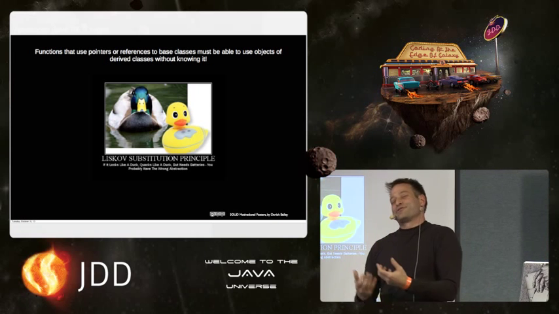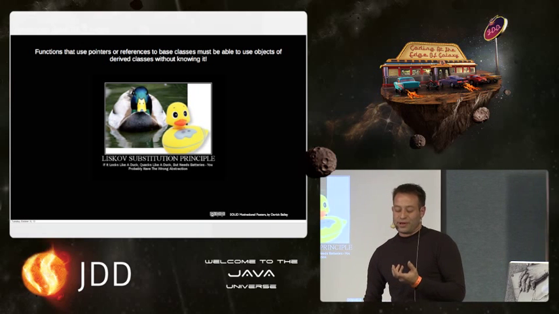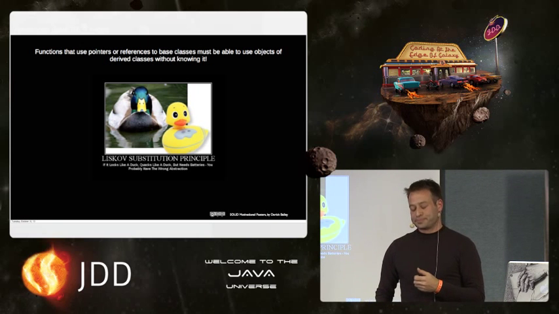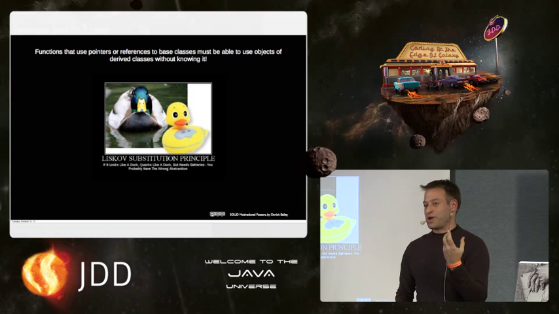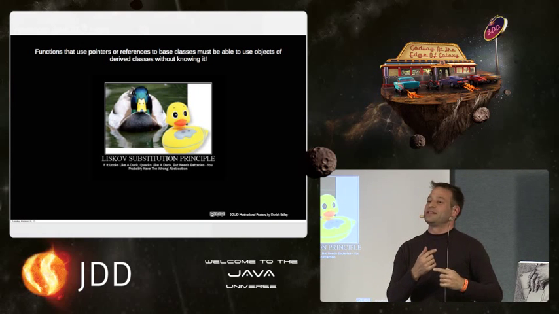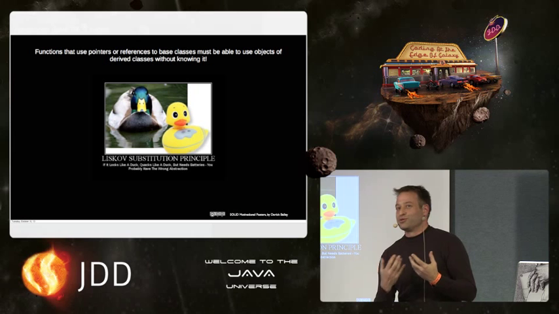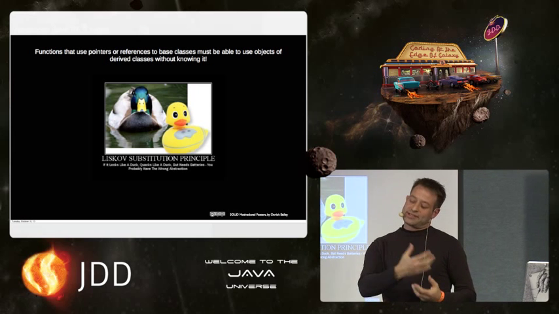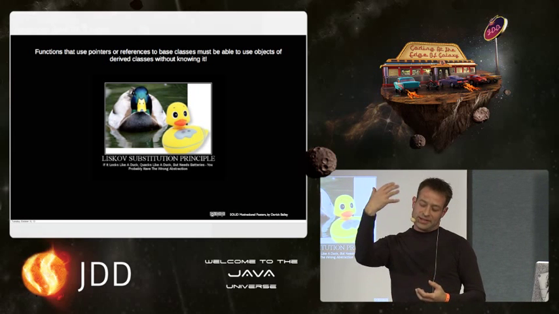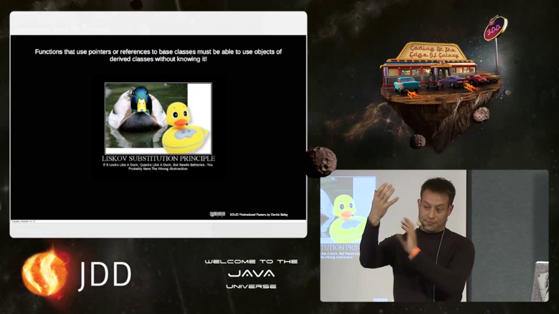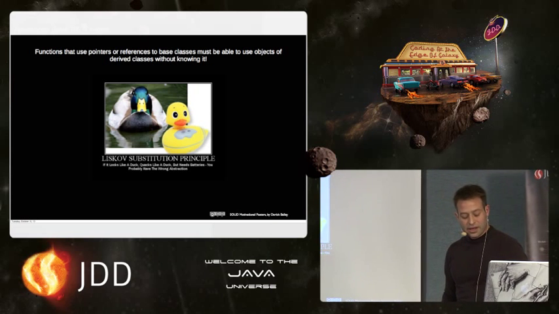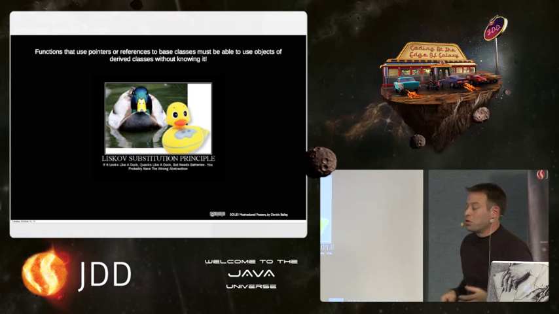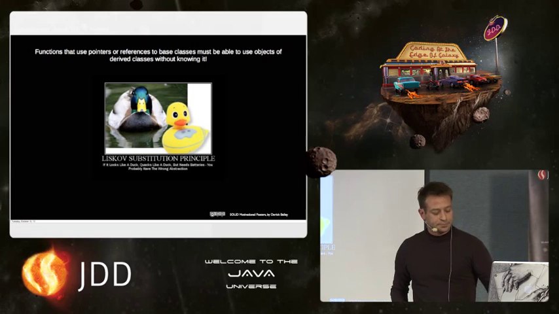If I have this square and I set the height, for example, then area is not behaving the same as in the rectangle, because in a square I also have to adjust the width. So you're not supposed to do that. This subclass has to behave in the same way as a parent class if it's treated as a parent class. That's just the OO principle and I guess considered good programming.